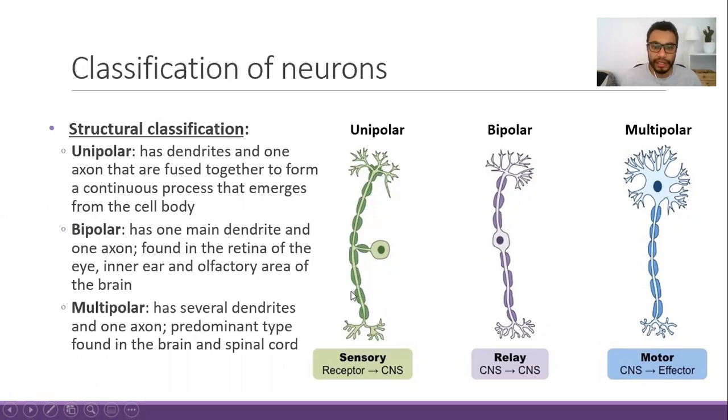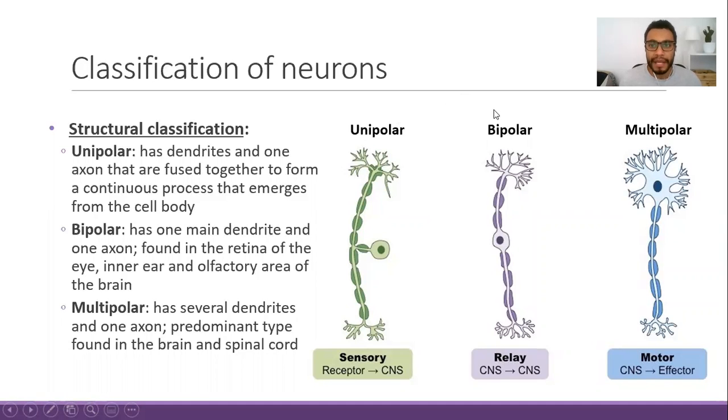So those neurons connect the receptors located in the skin or in the muscle, for example, to the central nervous system in the spinal cord. Those are sensory neurons, basically, the unipolar type.